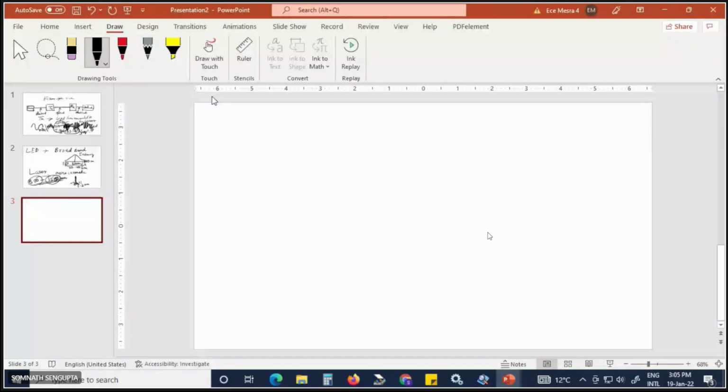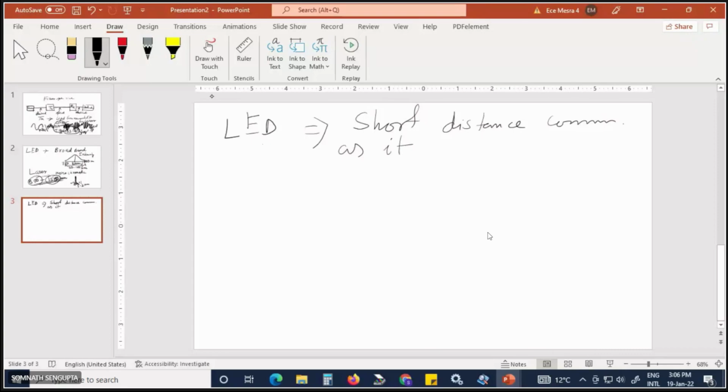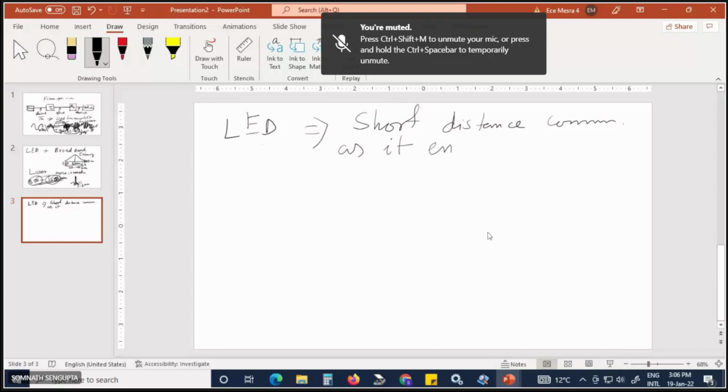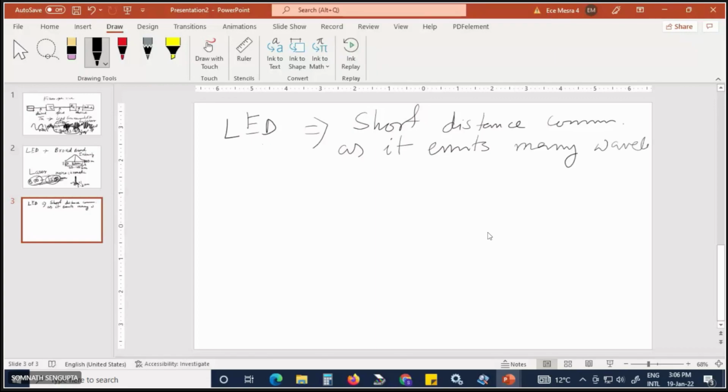The LED is used for short distance communication because it emits many wavelengths, which creates dispersion.